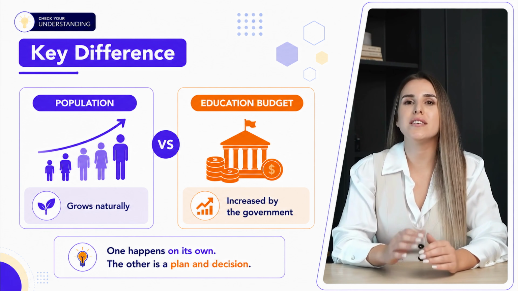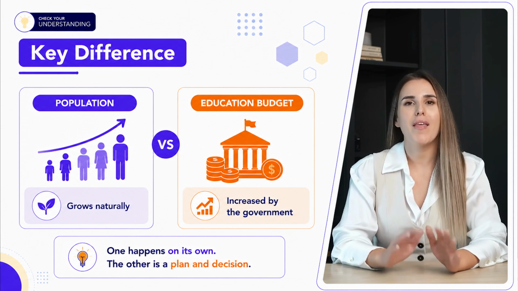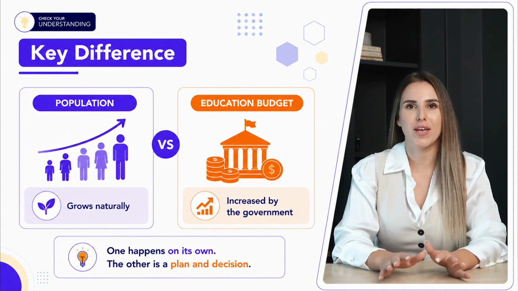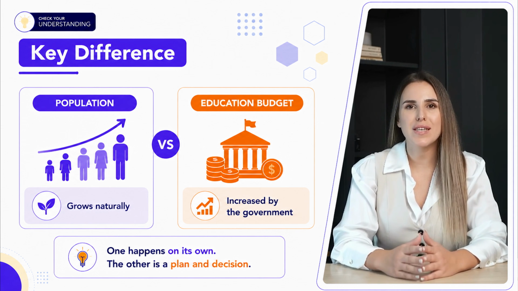That's true. Someone is increasing it. In this case, it's the government. So, this is different from the population. The population grows naturally, but the government increases the education budget. Exactly, that's the difference. Let's compare these two examples.